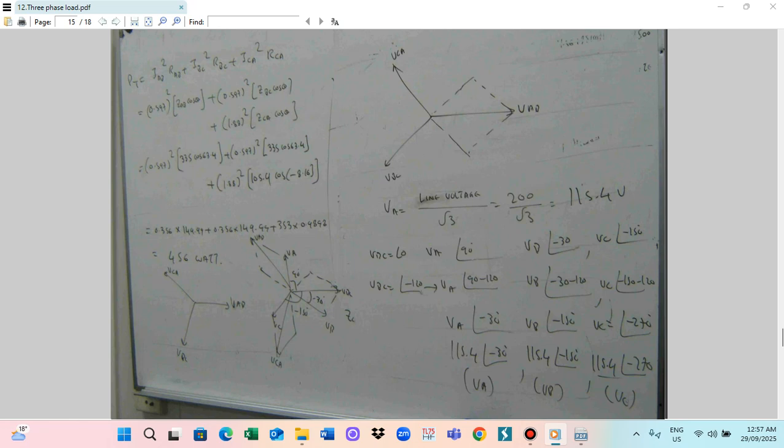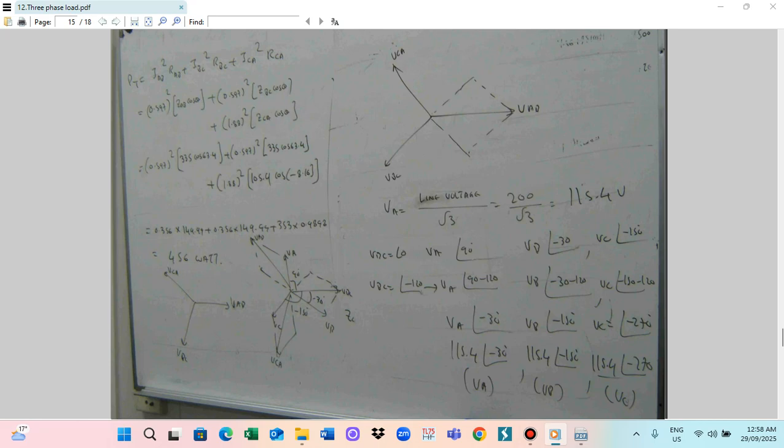So the magnitude you got. Then you also have to find the angle. You draw this diagram. How is this diagram related? In this case, VA is at angle 90 degrees, VB at angle minus 30, VC at angle minus 150, and VBC at angle 0. But in this problem, VBC is not 0. VBC is set at minus 120 degrees.